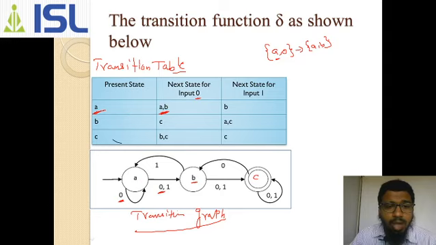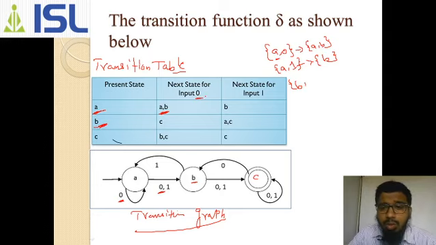Next, A comma 1. What answer are we getting? We are getting B. Next, B comma 0. What is the answer?